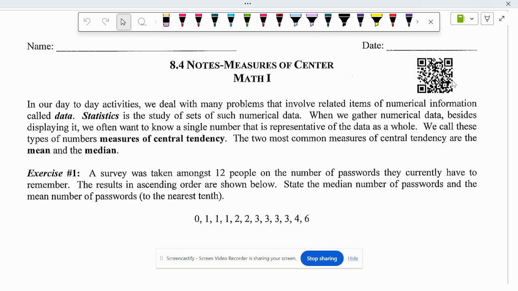I don't know how many extra copies I have. Yeah, I don't have any extra copies of the notes.